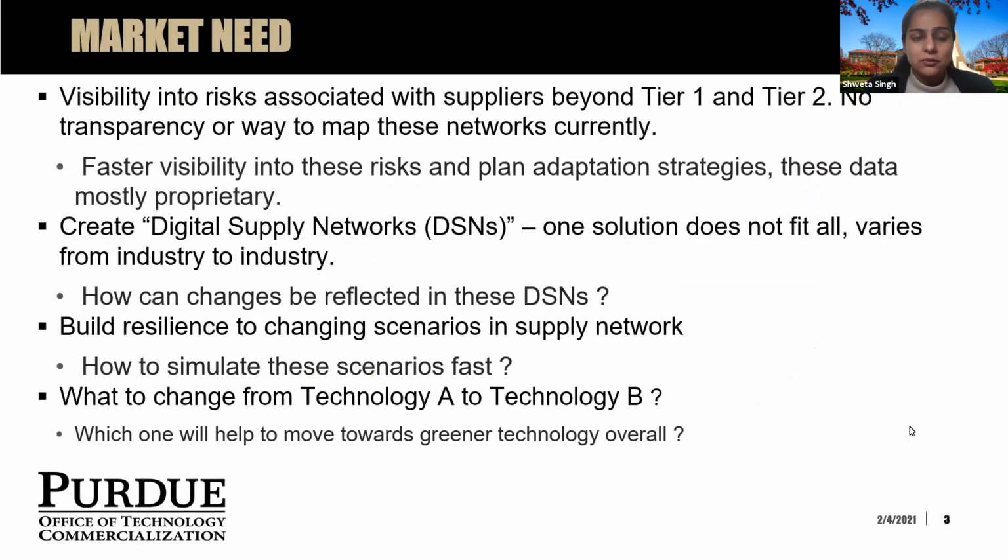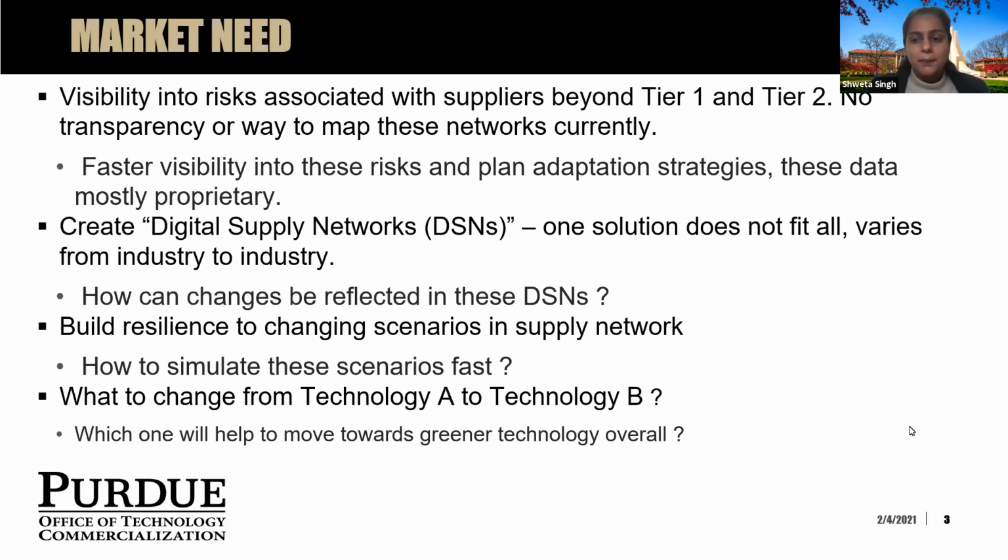The market need is faster visibility into any of the risks that can happen when we gain visibility into the manufacturing networks of suppliers beyond tier 1 and tier 2. So we have to create this digital supply network that can help us build resilience by simulating different scenarios or thinking about adopting technology A versus technology B.